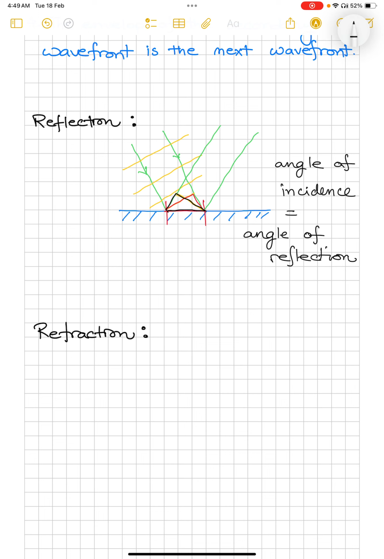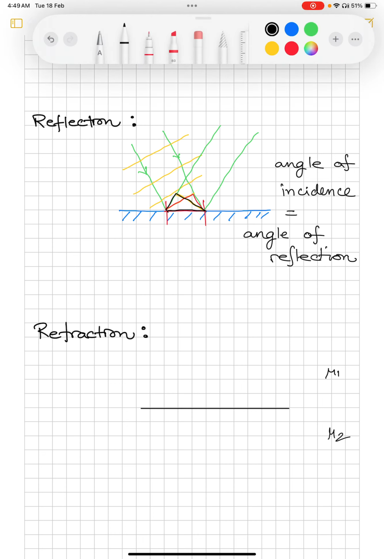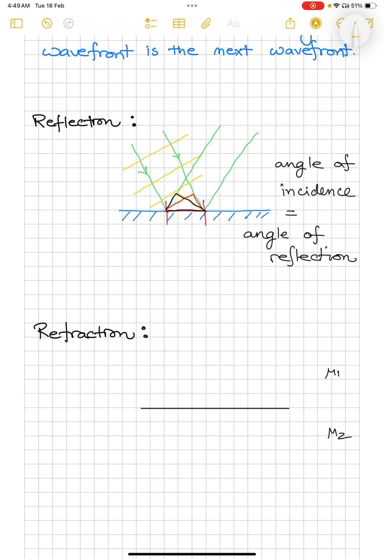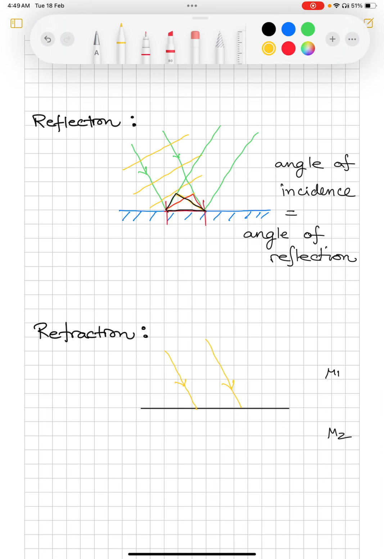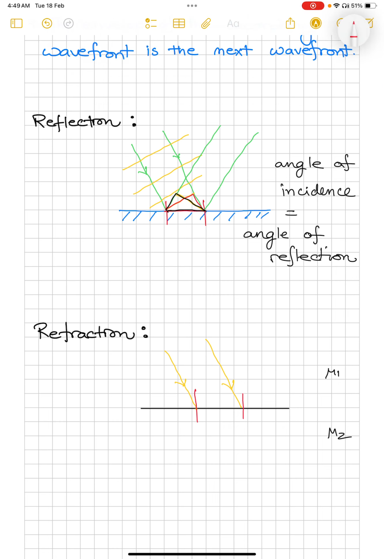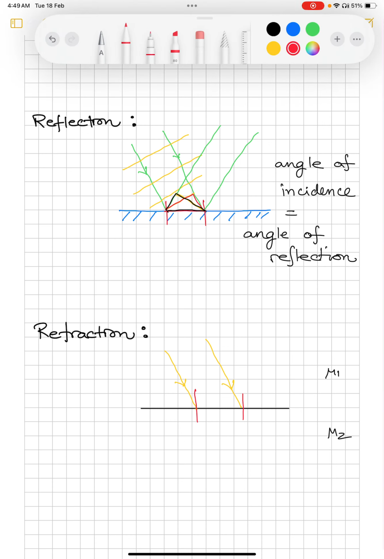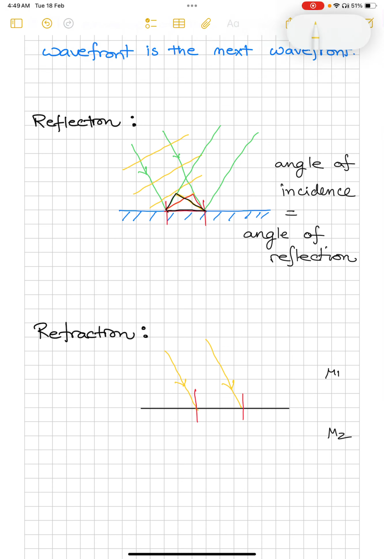What about refraction? Again, this is the surface which separates two media, mu1 and mu2. Now first draw the incoming light ray, and this is the normal to the surface, and this will be the outgoing light ray.